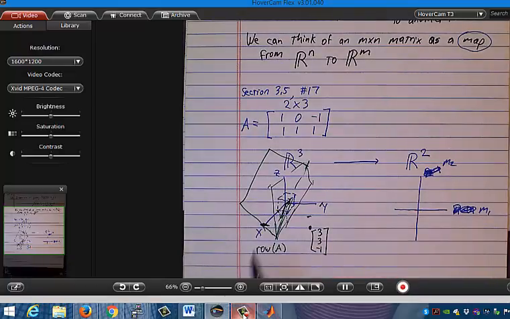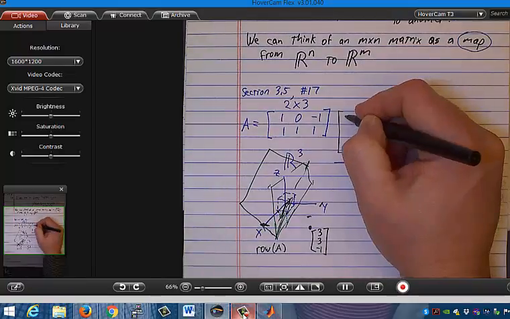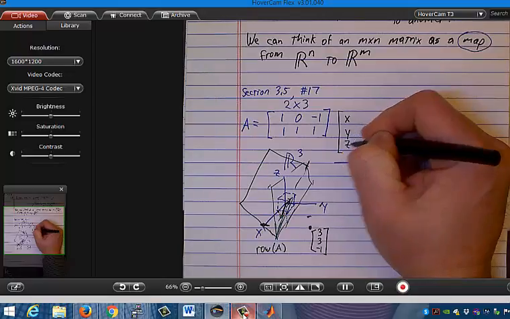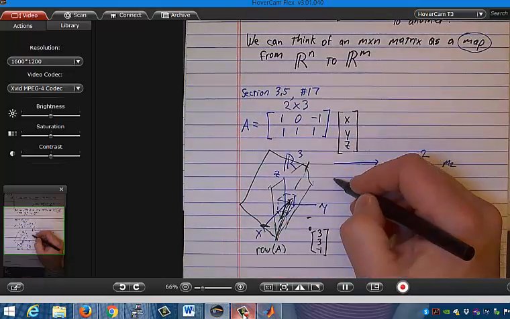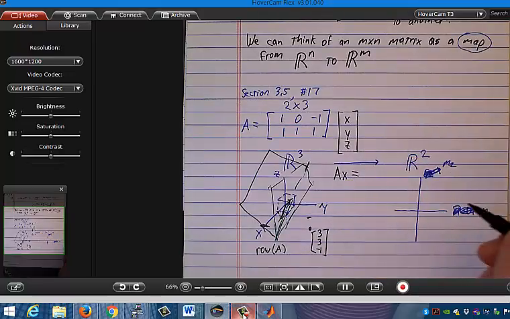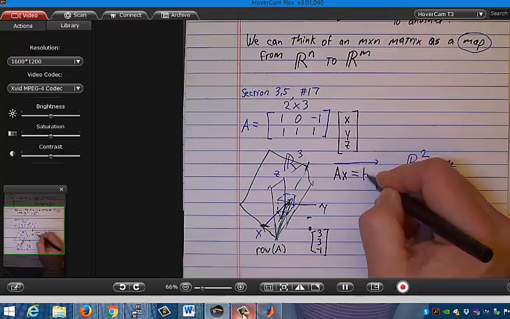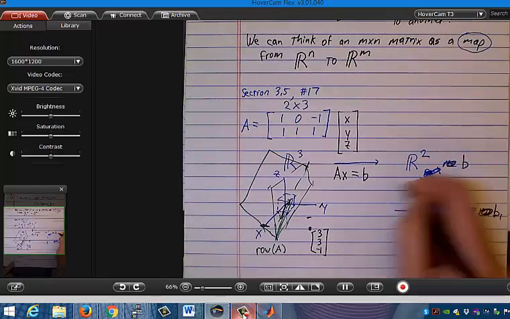And the reason that this matrix is a map from R3 to R2 is you can take an XYZ, put it in here, and so what you get is the map Ax equals, I'll call it B. I should have called these B1 and B2.